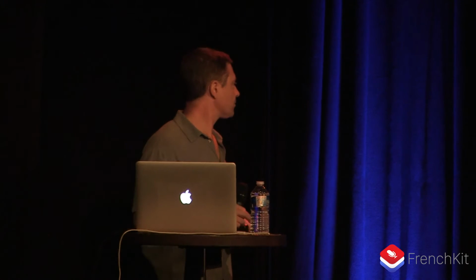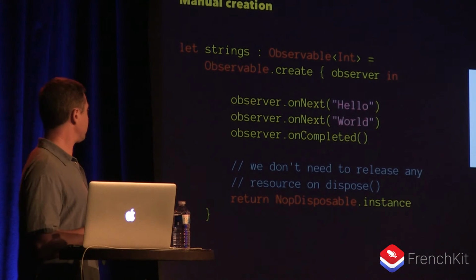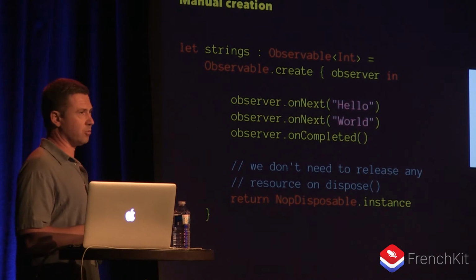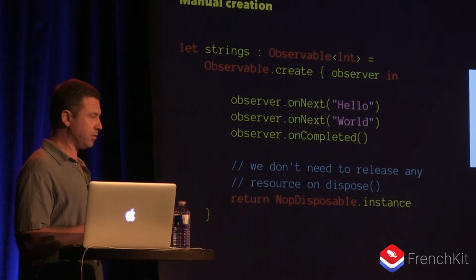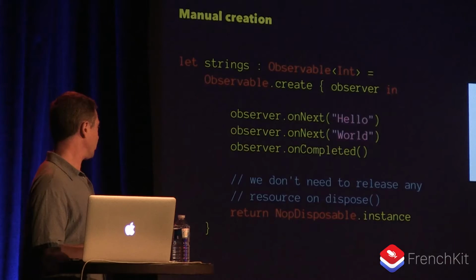So the subscription ends for this subscriber. And you can also return an object which is disposable. This disposable object is called when the subscription is cancelled or when your observable completes. Here I don't have any cleanup to do, so I just return a not disposable.